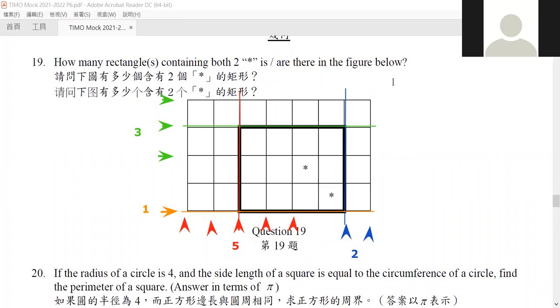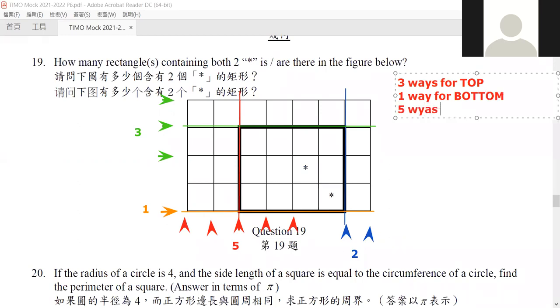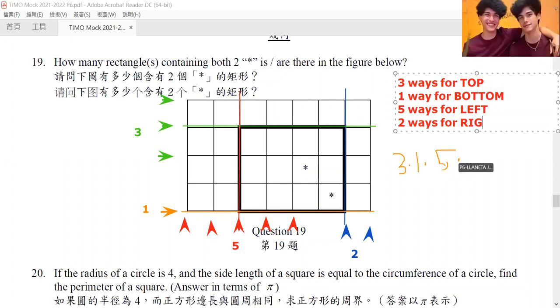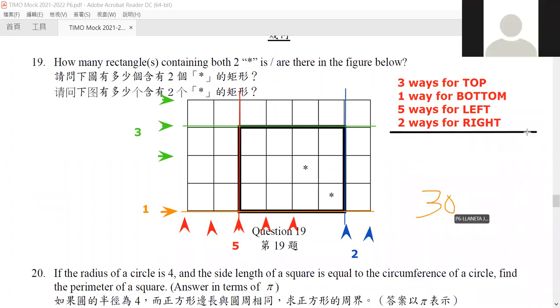We have 3 ways for our top, 1 way for the bottom, 5 ways for our left, and 2 ways for our right. So by the rules of multiplication, the total will be equal to 3 times 1 times 5 times 2, which equals 30. Okay.